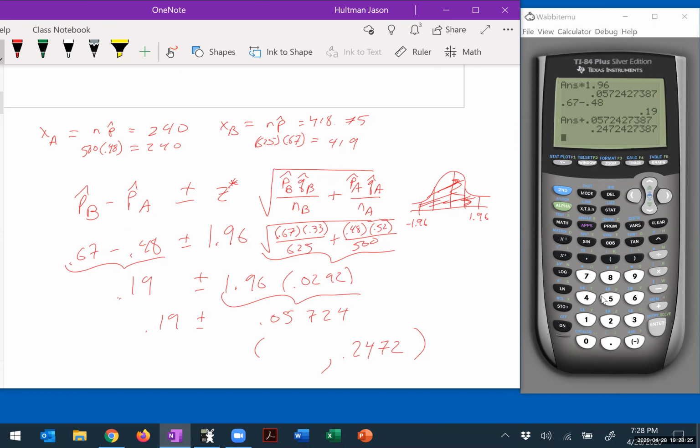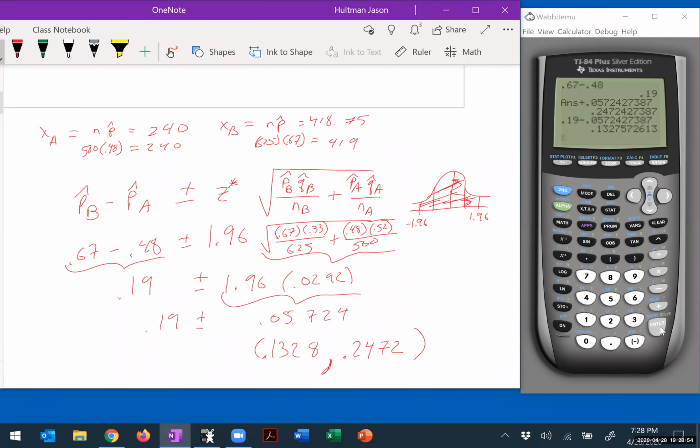Now if I do 0.19 minus this, I get my lower, which is 0.1328, which is approximately what we got before.